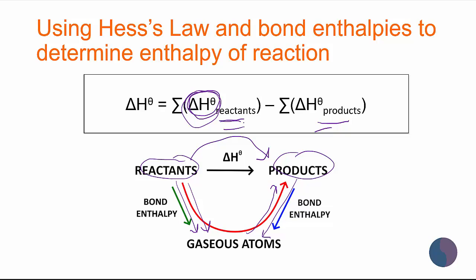So it's reactants minus products, not products minus reactants. Now the next one we'll do is formation, if I jump the gun a little bit, and that's gaseous atoms to the chemicals. So it'll be the reverse. It'll be products minus reactants due to Hess's law. Okay, so Hess's law not only teaches us how to work out the equation, whether it's reactants minus products or products minus reactants, but actually lets us do the thing as well.